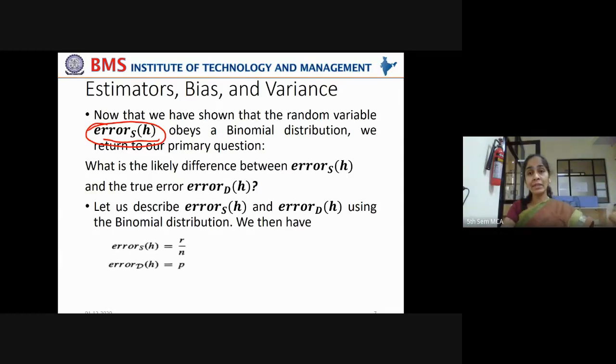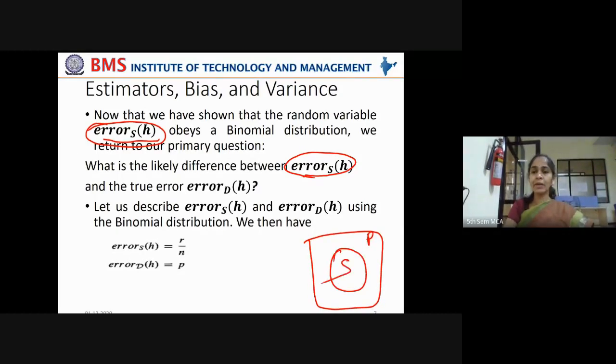What is our seed question, our preliminary question, our starting question that led to this much discussion? That is, what is the likely difference between the sample error and the population? You have a sample. Now, what is the likely difference between the error associated with this sample and the true error associated with the population?